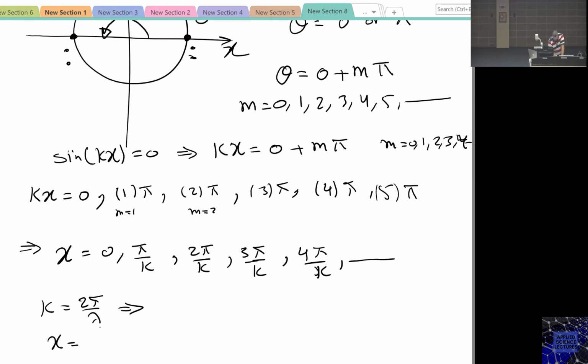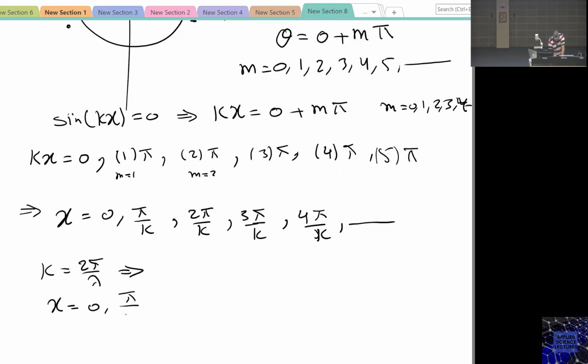Then x is 0, pi over 2 pi over lambda, 2 pi over 2 pi over lambda, 3 pi over 2 pi over lambda, and then 4 pi over 2 pi over lambda.